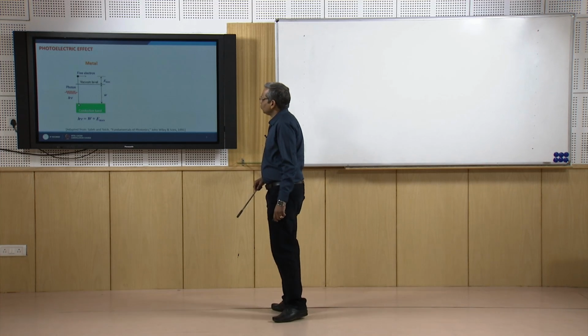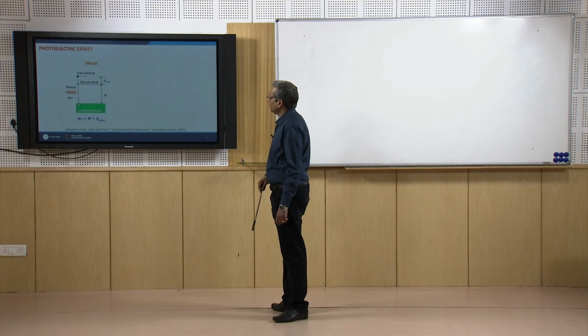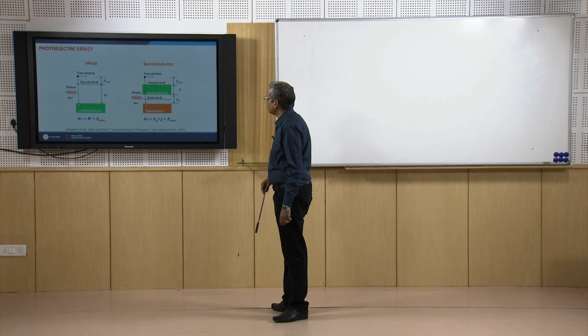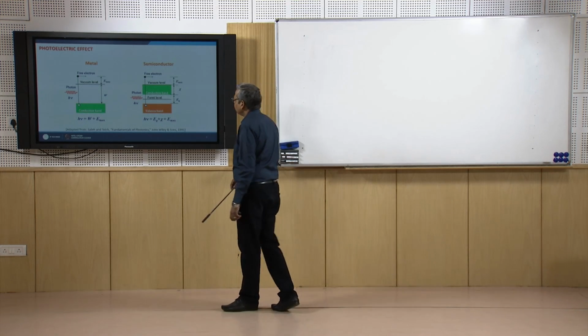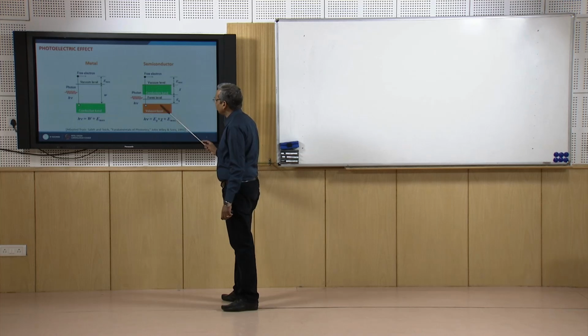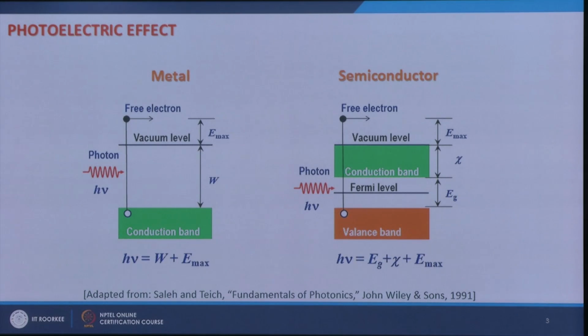But if we do the same thing on a semiconductor, then what happens? In a semiconductor we have a valence band and a conduction band, and these bands do not overlap. We have a band gap between them, and most of the electrons are in the valence band.